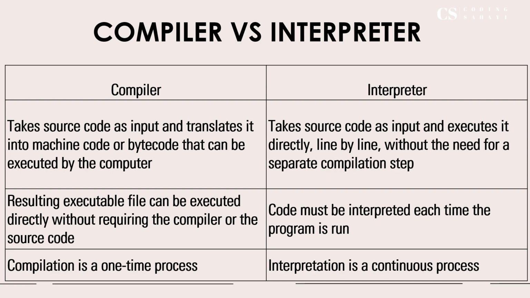So we can say compilation is a one-time process and interpretation is a continuous process, because after getting the executable file, we don't need any source code or compiler for that. It can be directly executed. So it is a one-time process. But in the case of an interpreter, it should be interpreted every time. So it is a continuous process.